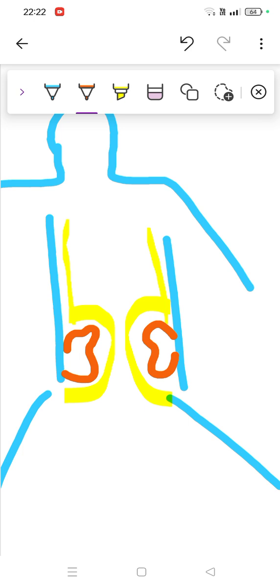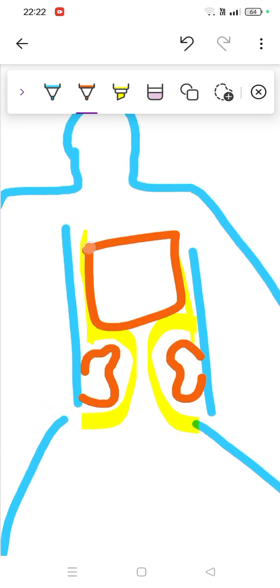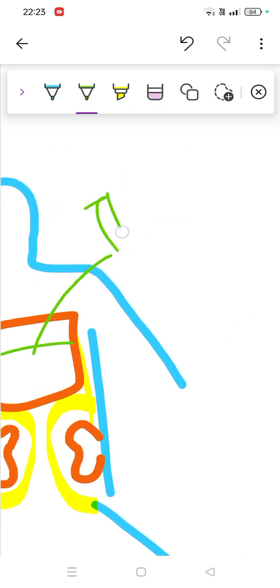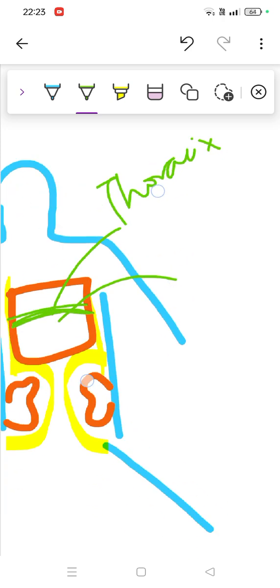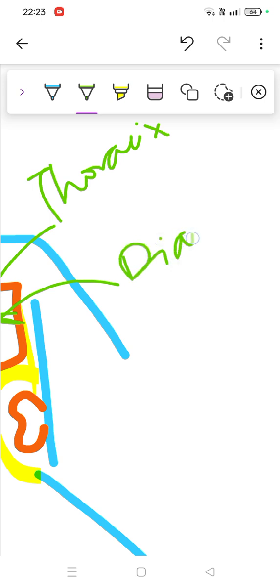Let's start with the basics. If this is our entire region, the upper part till here is called the thoracic region. Second, here there's a dome-like structure called the diaphragm.